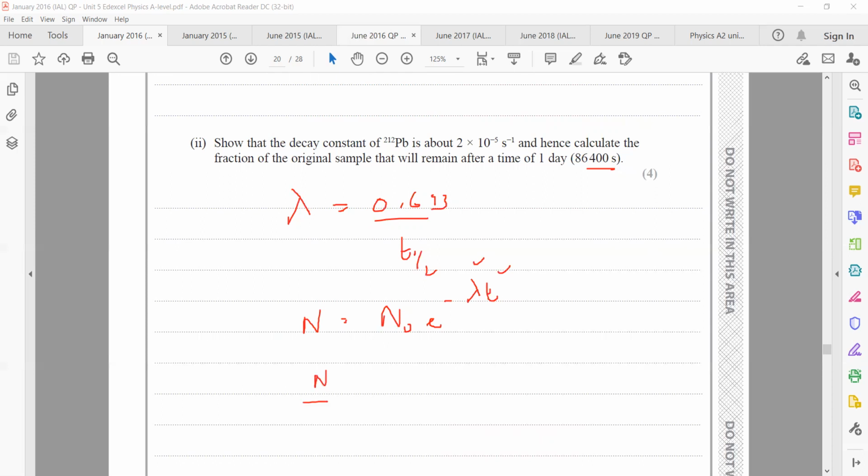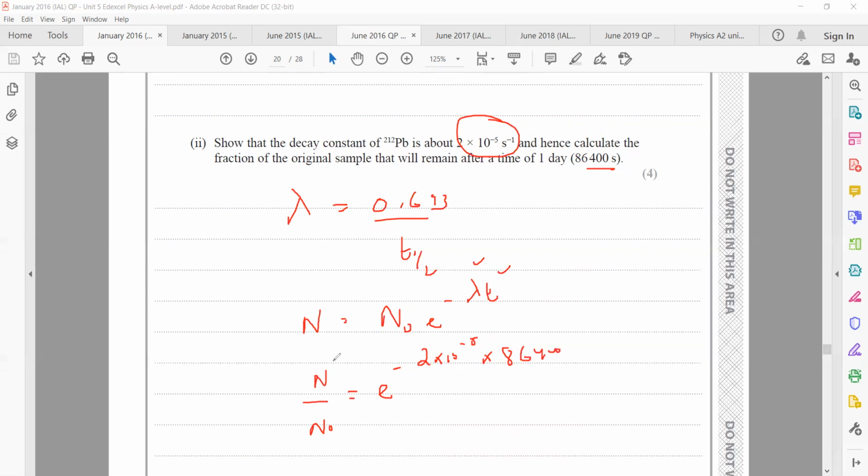So N divided by N₀ is equal to e raised to the power minus λt. If you are not able to find the value of lambda, you can use this value, which is 2 × 10^-5, multiplied by the time we are finding for, 86,400 seconds.